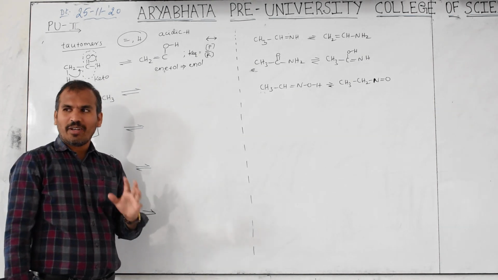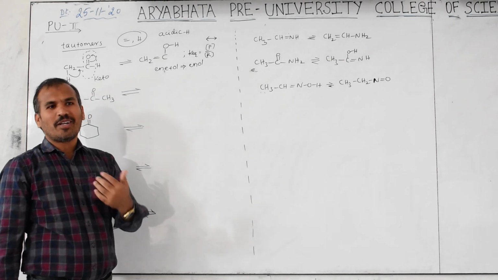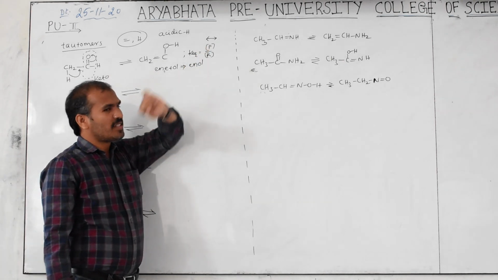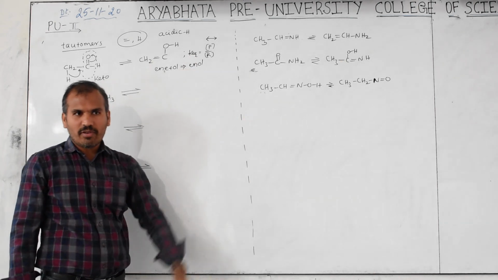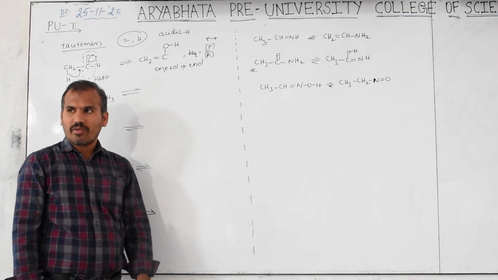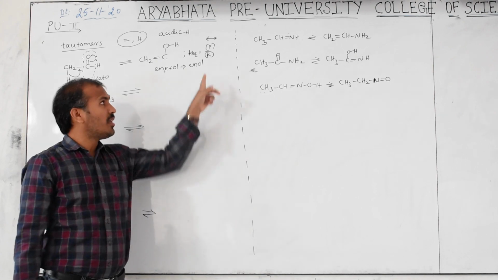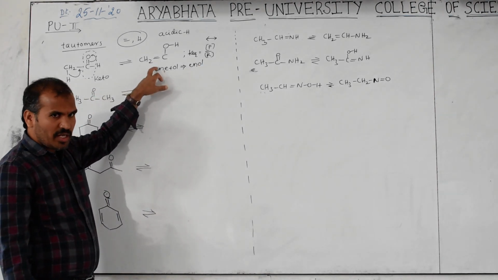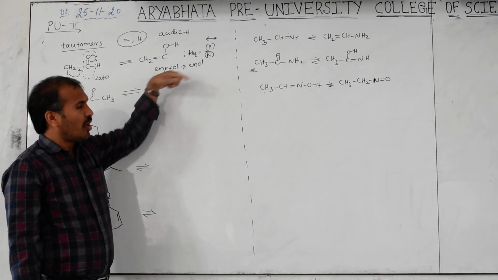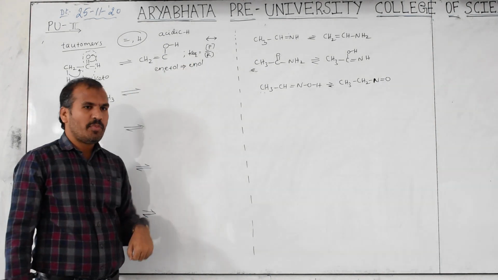Product. That's right. When questions like this come, you have to apply your mathematics knowledge. So product concentration is greater when K equilibrium is greater. It means forward or backward reaction? Forward, because we want more product, then only K equilibrium will be more. So when the product is favored, we identify it based on the K equilibrium value.